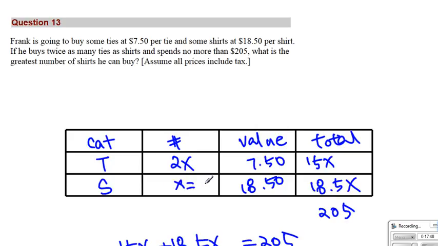That means shirt will be 6, tie will be 12. Now the question is, what is the greatest number of shirts? So shirt will be 6x. So therefore our answer will be total 6.